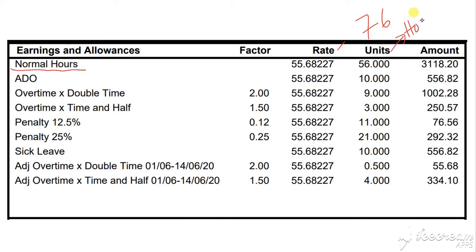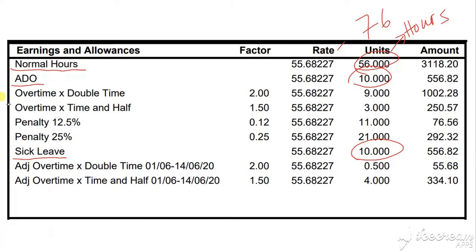Units means hours. My normal hours is 56 on this payslip because I had 1 ADO and 1 sick leave, giving me 10 hours each. My standard shift is 10 hours, so I get ADOs and sick leave paid out in 10-hour parcels. If you work 8 hours normally, your ADO and sick leave should be 8 hours too.